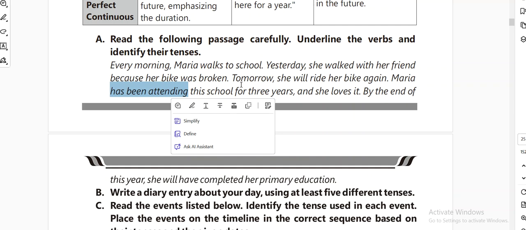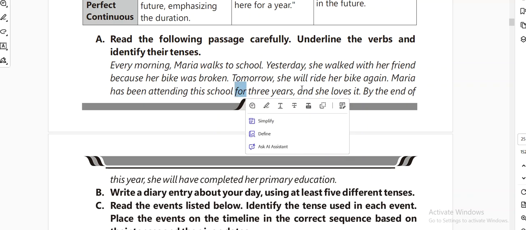And besides this we also have for in it. So for the time frame we use since and for in present perfect continuous tense. And she loves it, the other part of the sentence, is simple present tense and the verb here is loves.